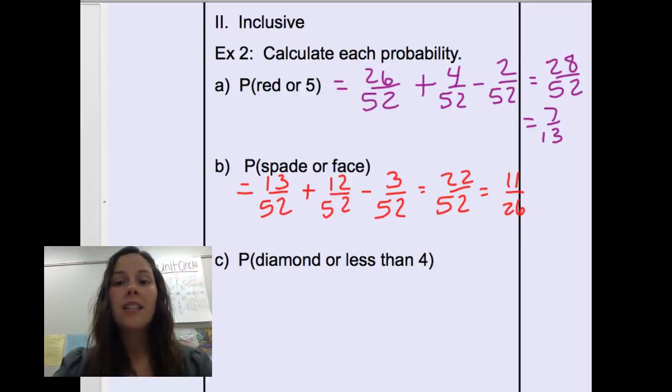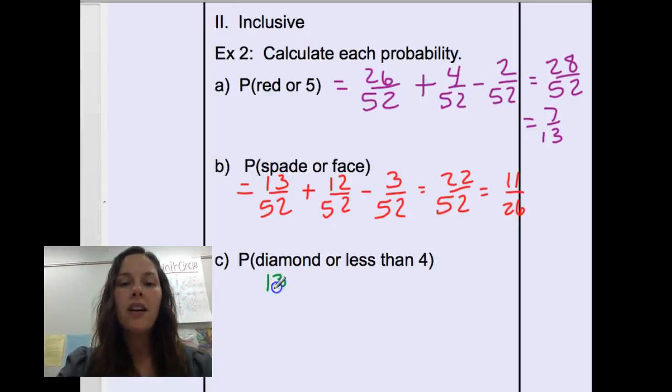And finally, diamonds or less than 4. For our class, we're going to count aces as being less than 4. We're going to count them as a value of 1. So can we pull a card that is both a diamond and less than 4? Yes, so we'll have to subtract those.